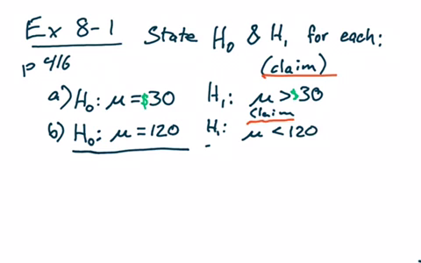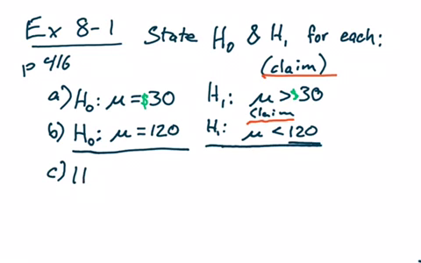Or the alternative, if we unearth enough statistical evidence that supports this claim, would say it is less than the average value of 120. That would be an instance of the left-tailed test, which we'll get to in a moment.